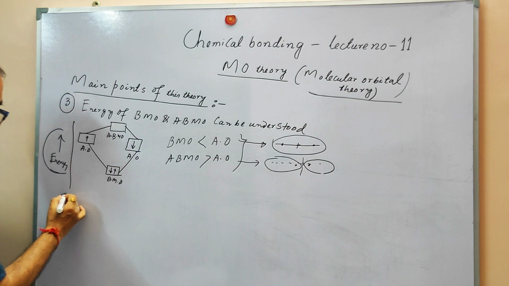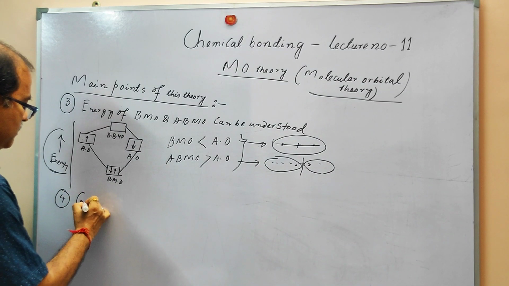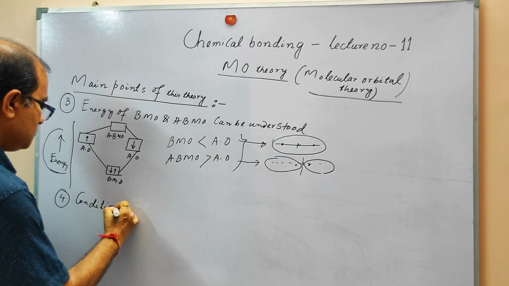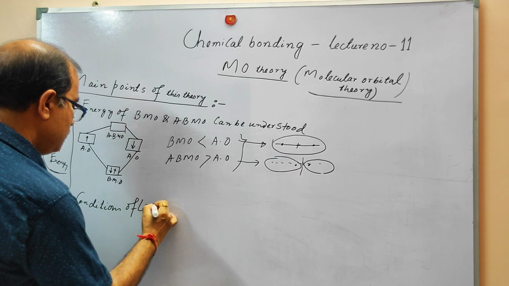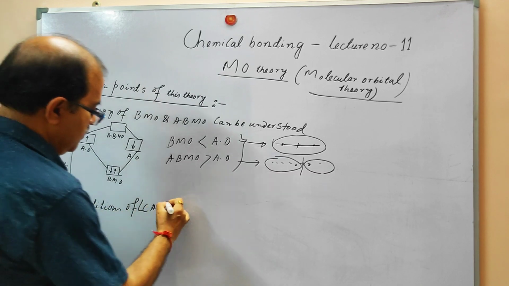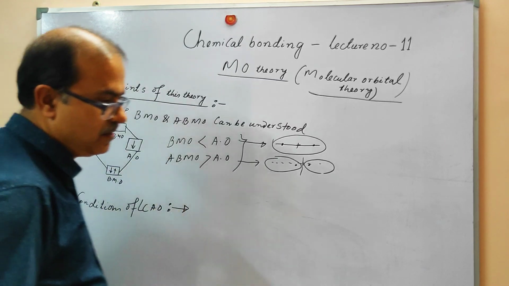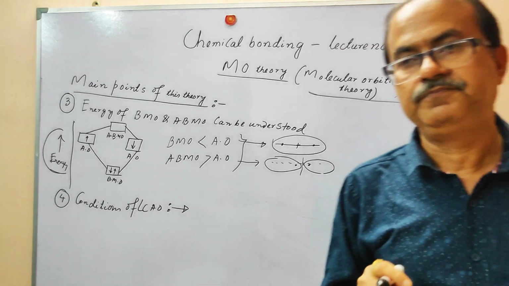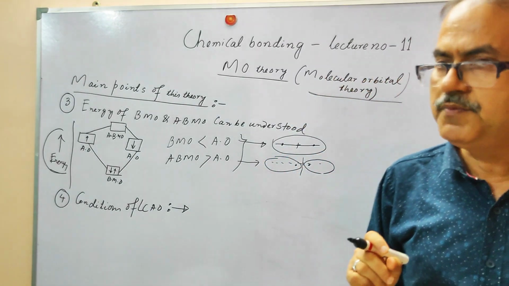Now that is the fourth point, the conditions for LCAO. There are basically 2-3 conditions, and on satisfying them the combination of the atomic orbitals will be possible.